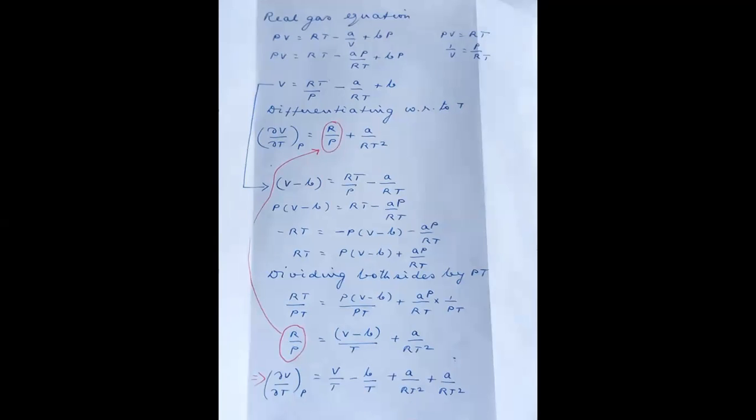I am writing the real gas equation. I have already written the real gas equation in a different form, so that we can mathematically approach the Joule Thomson coefficient. See, PV is equal to RT minus A by V plus BP, where A and B are real gas constants.